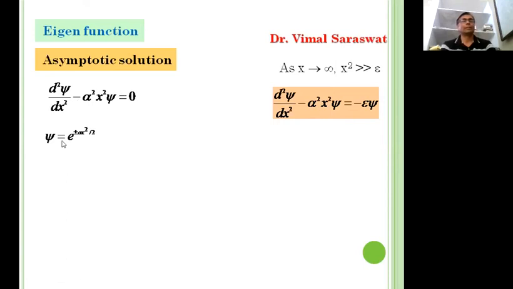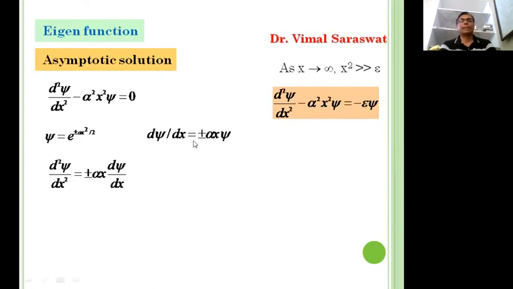Let the solution of this equation be psi is equal to exponential plus minus alpha x square by 2. If we differentiate it, then d psi by dx is equal to plus minus alpha x psi, and the second derivative will be d2 psi by dx2 is equal to plus minus alpha x d psi by dx.